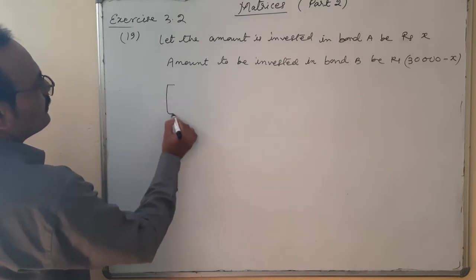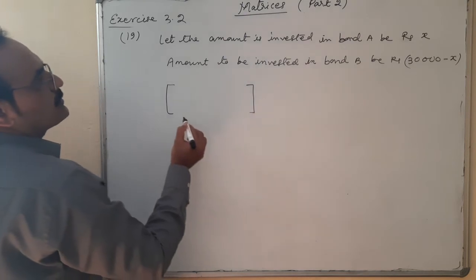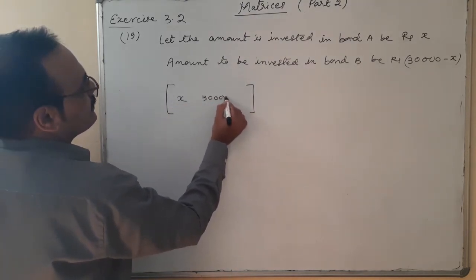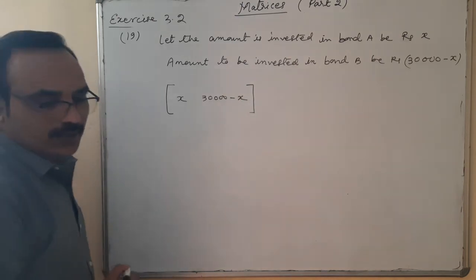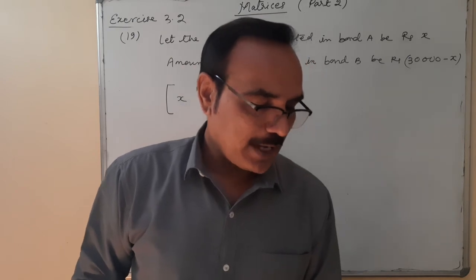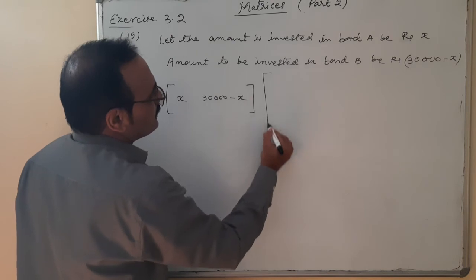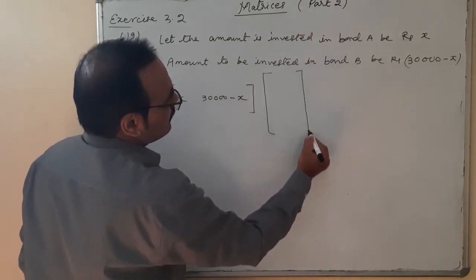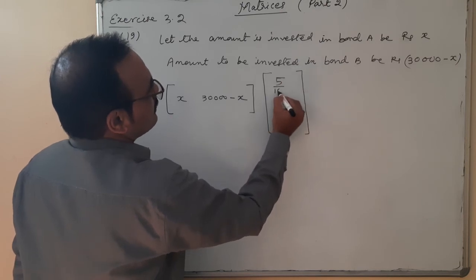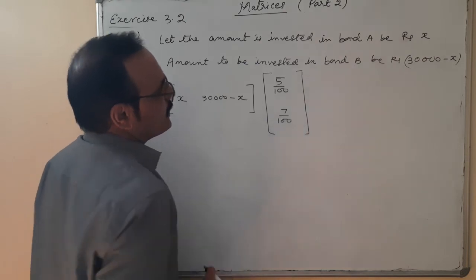So amount for the first bond rupees x, for the second 30,000 minus x. Okay, 5% and 7%. 5% means 5 upon 100, and for the second 7%, 7 upon 100.